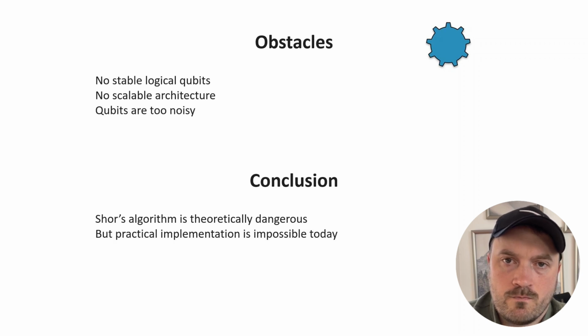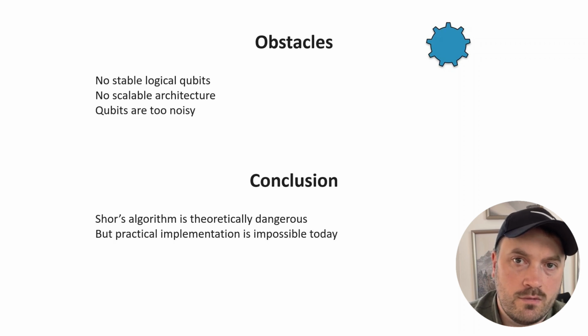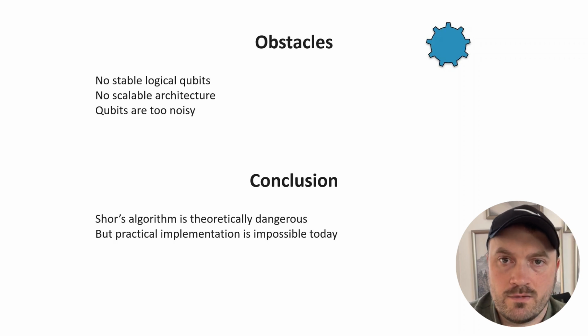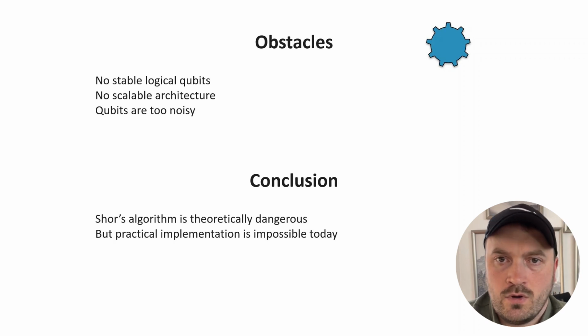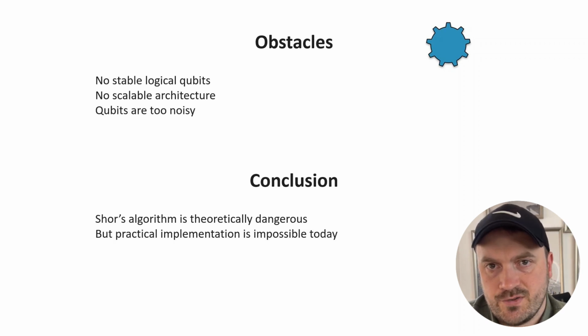So, why can't Bitcoin be hacked now? Even if someone builds a quantum chip with 1000 physical qubits, that will be insufficient.